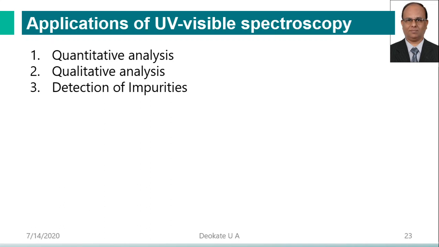For example, benzene appears as a common impurity in cyclohexane. Its presence can be easily detected by its absorbance at 255 nanometer as an impurity. So this is the qualitative estimation for detection of impurities.